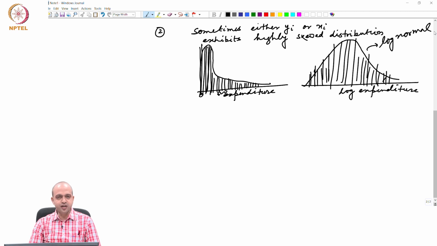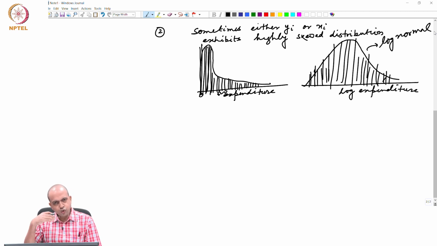So, this is another reason when either your dependent variable or independent variable is highly skewed in nature. That means there are too few observations with higher value or too few observations with lower value, so the distribution is either left skewed or right skewed.